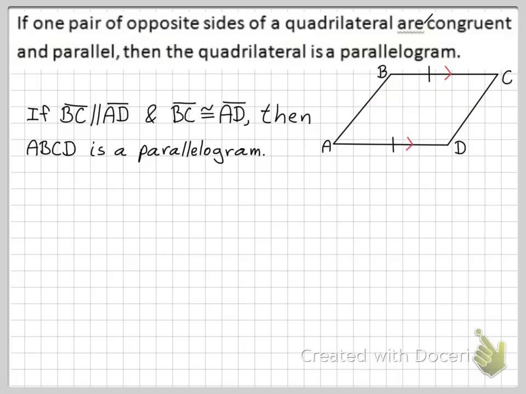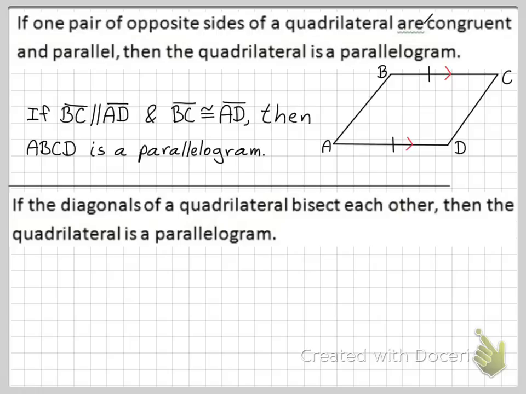So if we can say that BC is parallel with AD, and that's what the chevrons mean, and if we could say that the same pair of opposite sides are congruent, and that's what the black tick marks mean, then the only way that can possibly be the case is if the figure ABCD is a parallelogram.